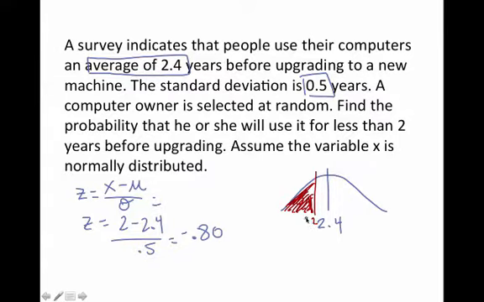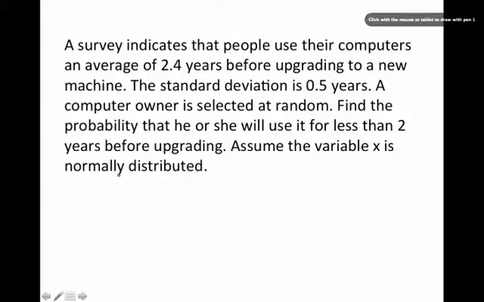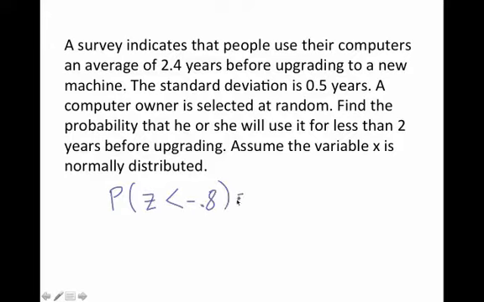So then the next thing we do is we use a table, which is over here, a standard normal table, and you find the z-score, which is negative 0.8, and it's negative 0.0 or 0, so right here, 0.2119 is the appropriate area, that guy right there. So let me go back here. That means that the probability of a z-score being less than negative 0.8 is 0.2119.